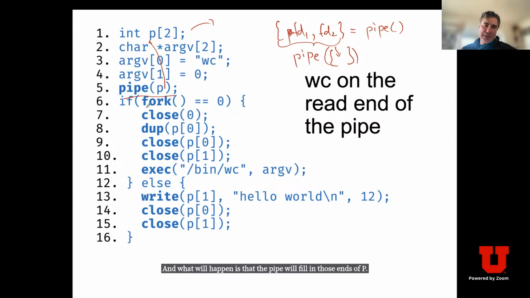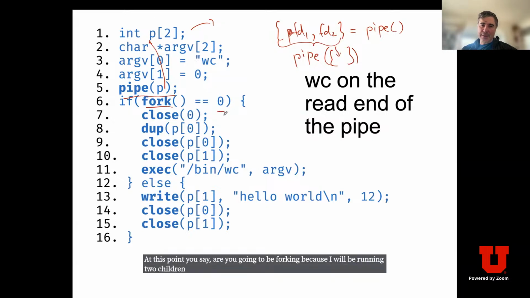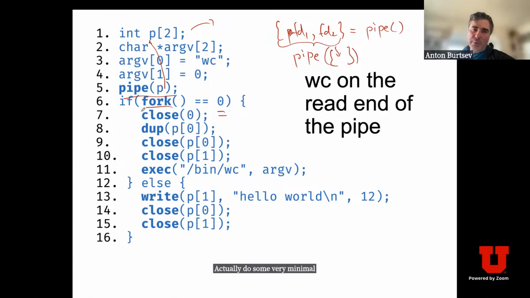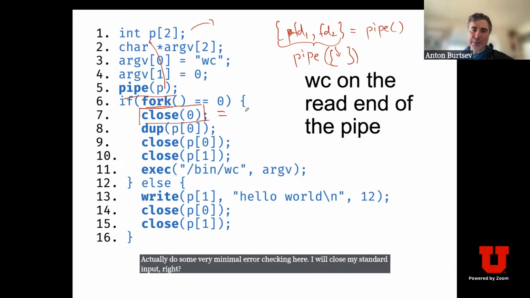At this point, you say, I'm going to be forking because I will be running 2 children. If I'm inside the child, meaning that fork returns 0, I do some very minimal error checking here, and I close my standard input, right? I will duplicate this file descriptor P, which was returned here as element 0.